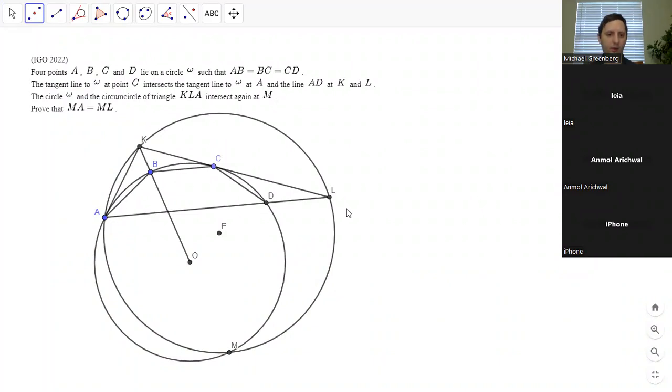Is that obvious? Well, CA equals BD, and then BCDL is a parallelogram, right? So I think we could show CA equals CL, not too hard.